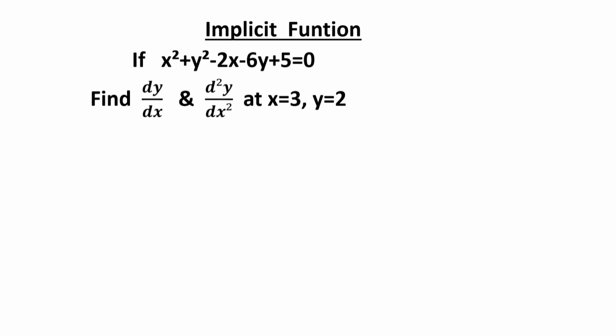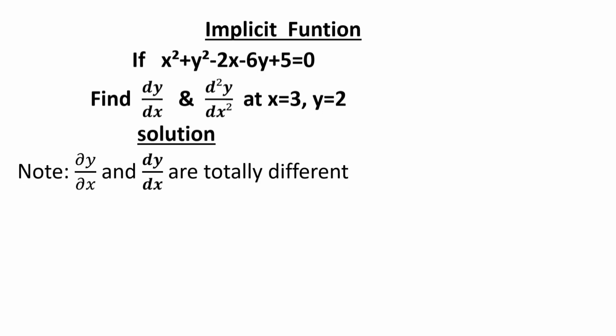Okay, so quickly let's dive into this step-by-step solution. Write our solution first, and I'm going to show you something quickly before we continue. I want you to know that there's a difference between this and this, because this equation given before us is the kind you can come across in partial differentiation or implicit functions.